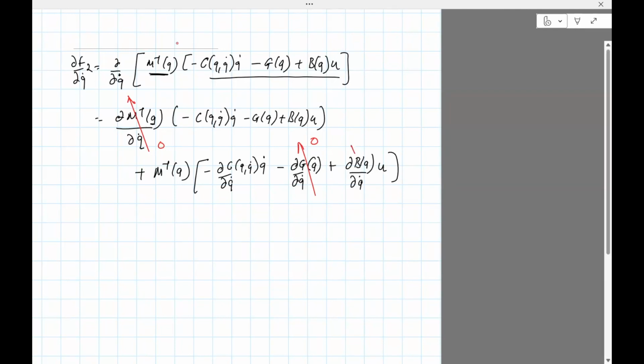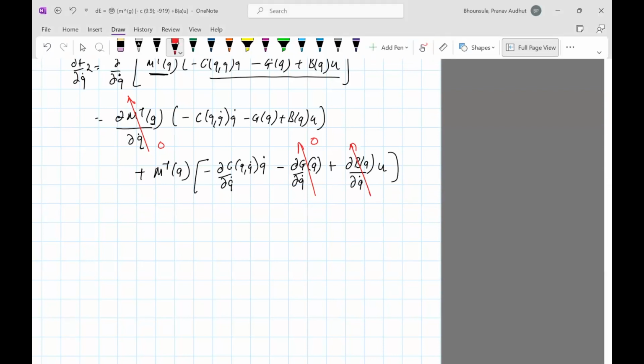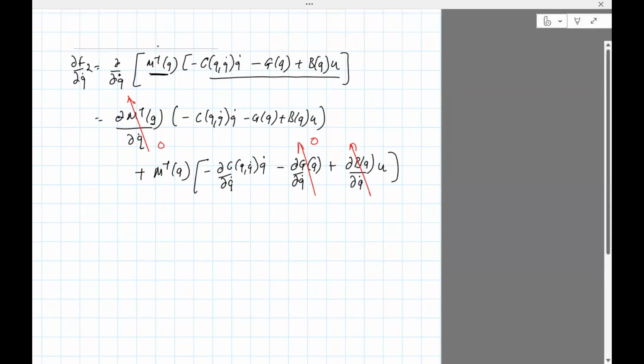That's 0. This term is also 0 because B is either a function of Q or it's just a constant. So we're left with only this term. Thankfully, this term is fairly straightforward in some senses. Minus dC dq dot q dot times q dot.